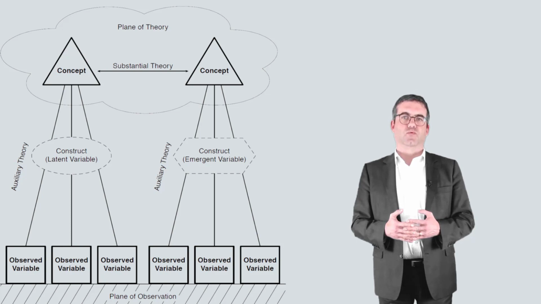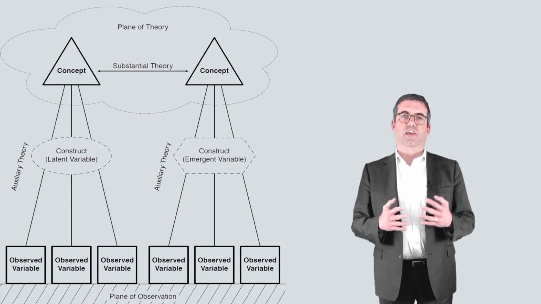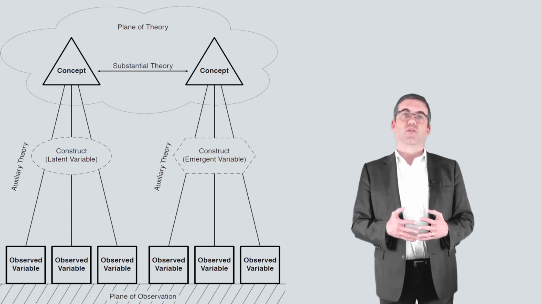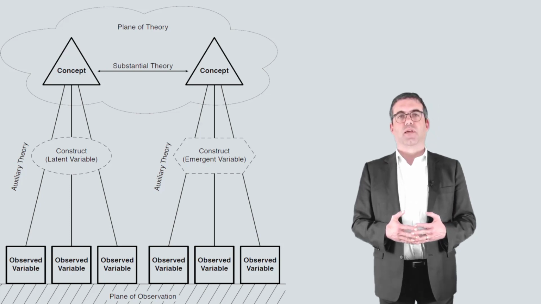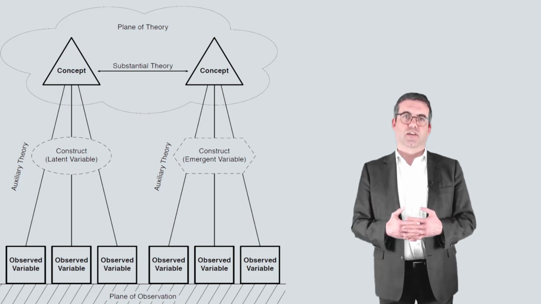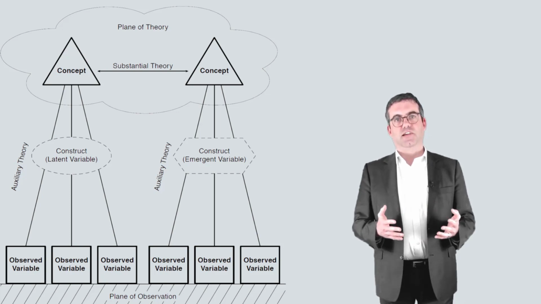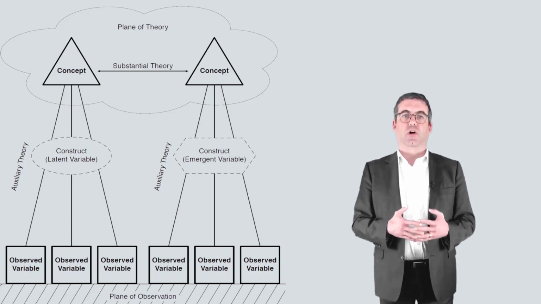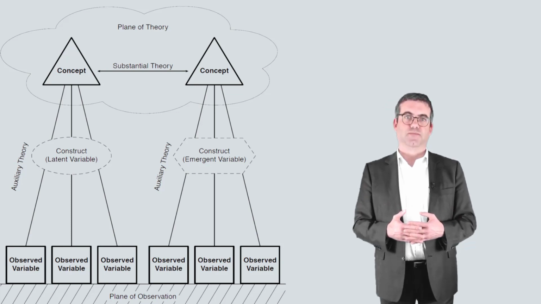These correspondence rules that connect the abstract concepts with observed variables is the domain of auxiliary theory. So in order to test theories, substantial theories, we also need auxiliary theories that tell us how we can measure or how we can build the theoretical concepts of interest.